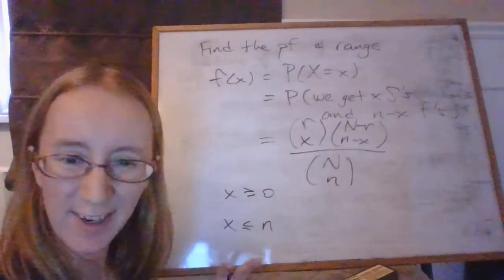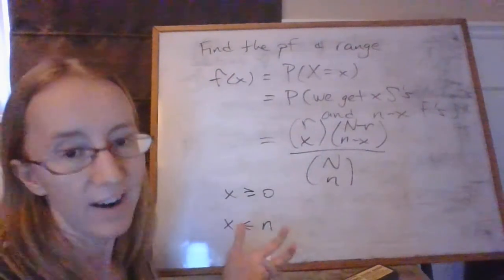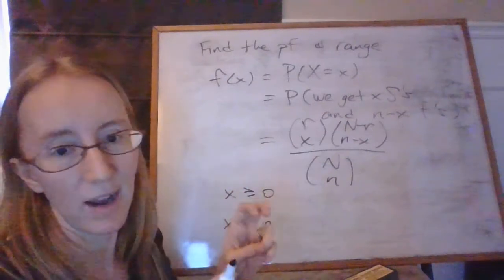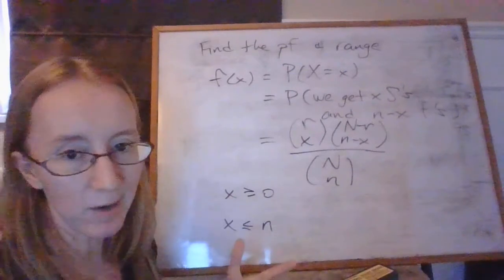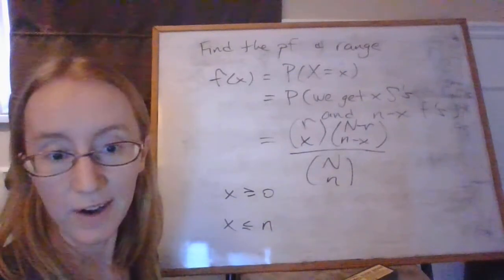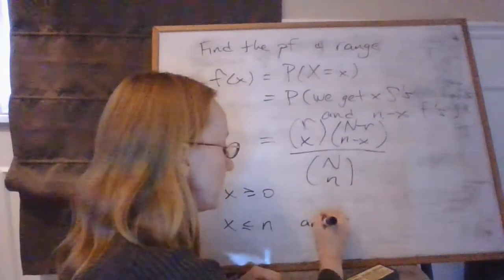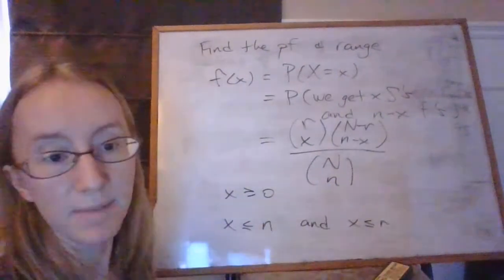But there's other restrictions as well. What if we were selecting 5 cards from a deck of 52 and a success was an ace? There's only 4 aces in the deck. So no matter how hard we try, we're never going to get more than 4. So x not only has to be less than or equal to n, but it also has to be less than or equal to the number of available successes.